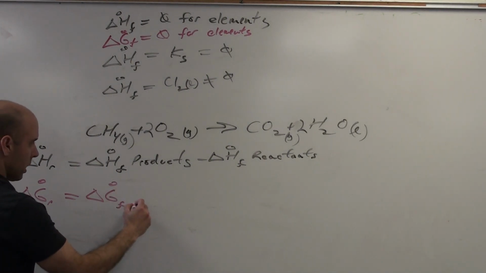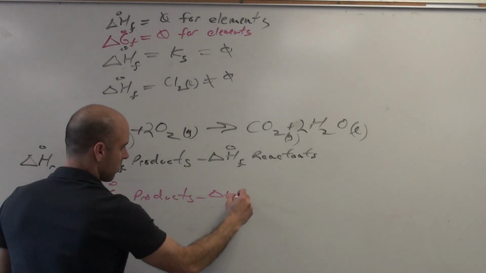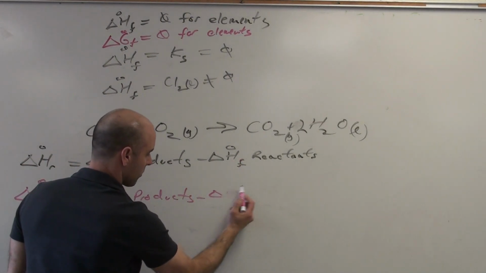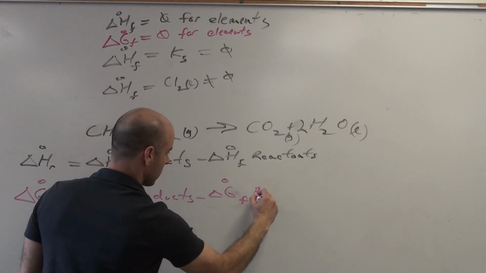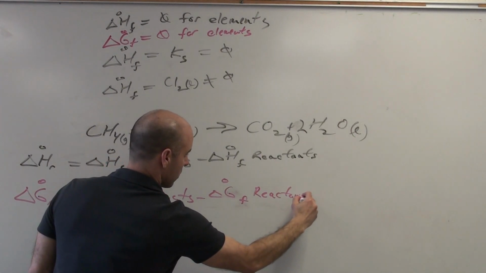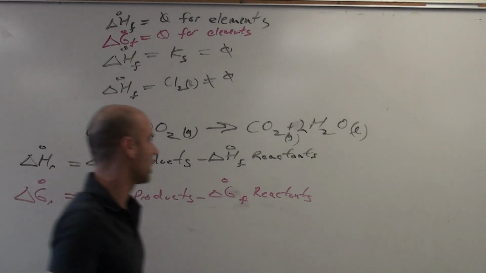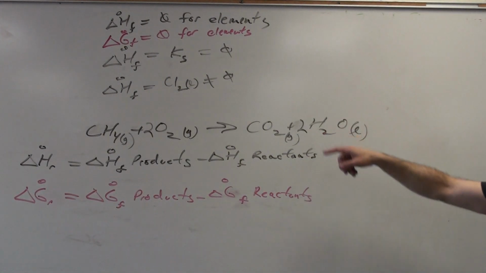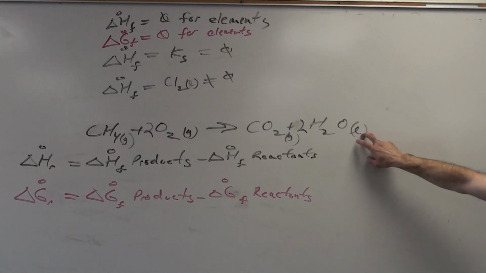Find the delta G of formation of products minus the reactants, and you multiply them by their molar ratios. So whatever the delta H of formation of water is, multiply it by 2. And make sure you're using the correct water, whether it's liquid or gas, because they have different values.